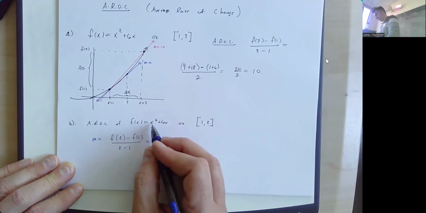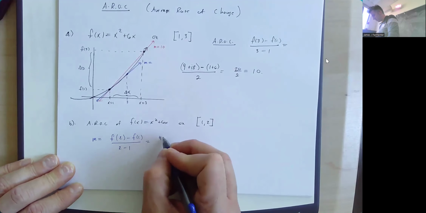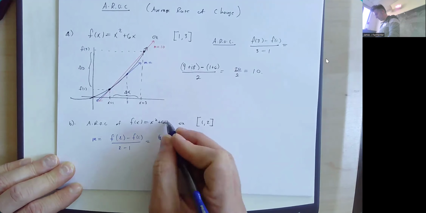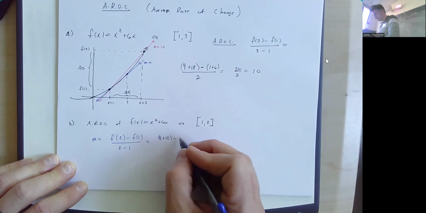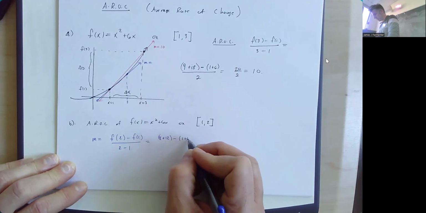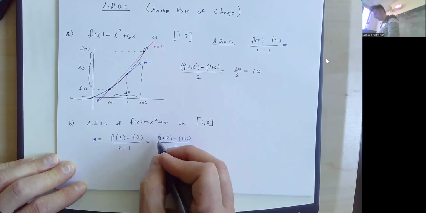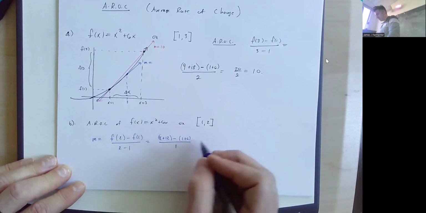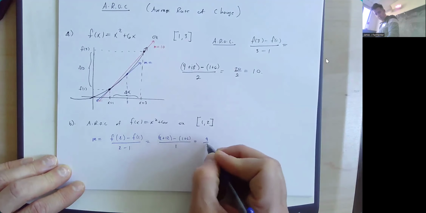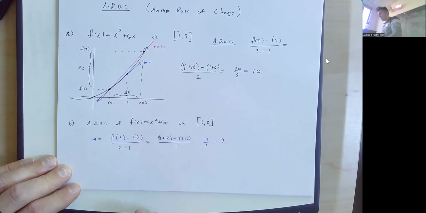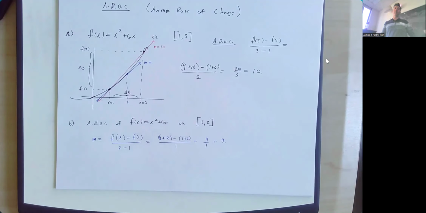Plugging in 2, I get 4 plus 12. Minus plugging in 1, I still get 7, or 1 plus 6, if you like. Divided by 1. That's going to be 16 minus 7, which is 9 over 1, which is 9. So yeah, the slope is less. Not a lot less, but less.